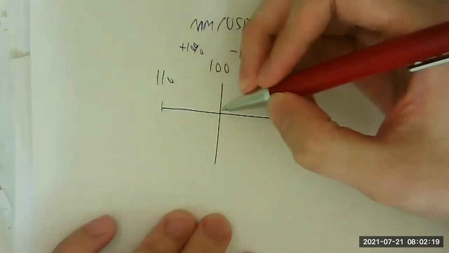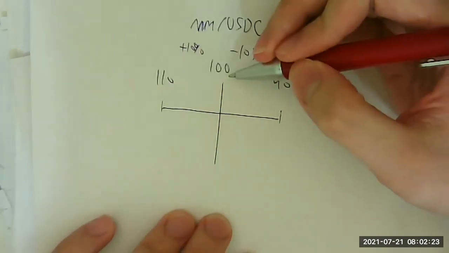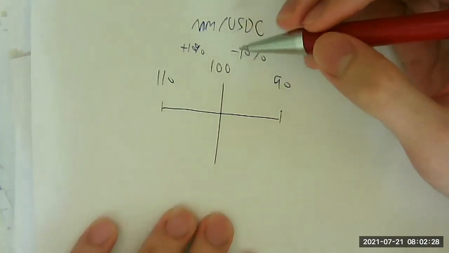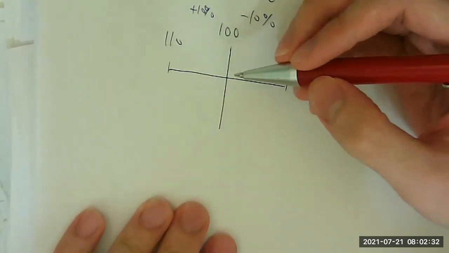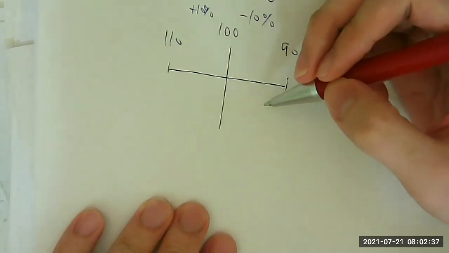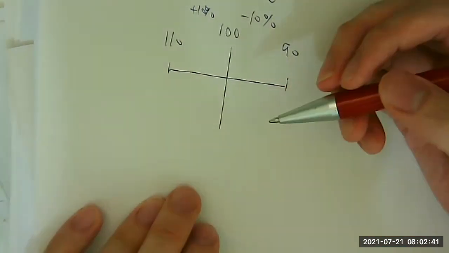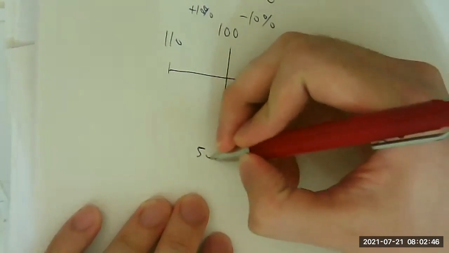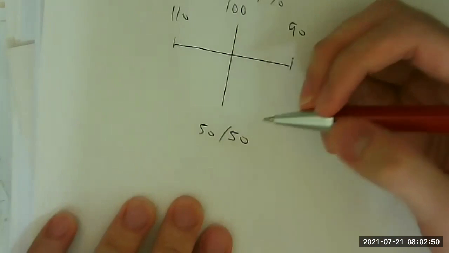Now, because the distance between the maximum and current price is the same as the distance from minimum to current price, you will be required to put in an equal amount of MM and USDC. And by equal amount, I mean they all have to be the same underlying value. So I'll be putting 50-50 for the two assets.